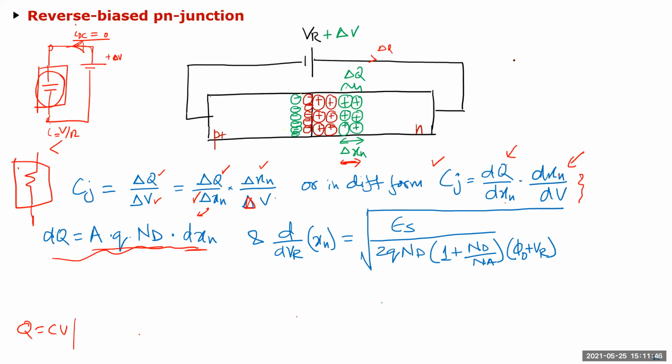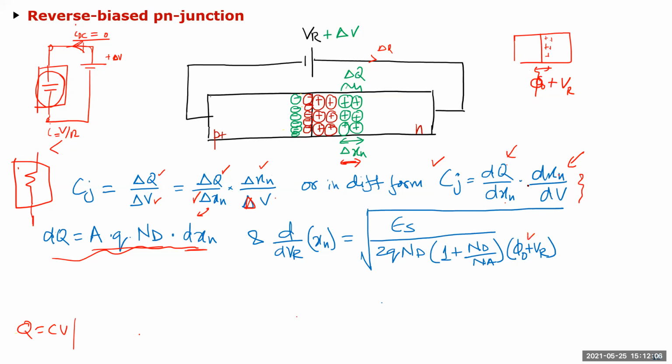In other words, if I just take the junction, this built-in voltage was phi naught, right? That's your built-in voltage by definition. Then I apply a reverse bias voltage, so that's what I substituted in my previous equation.